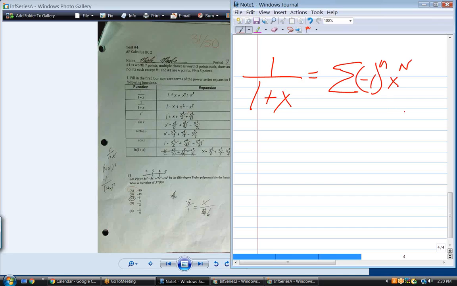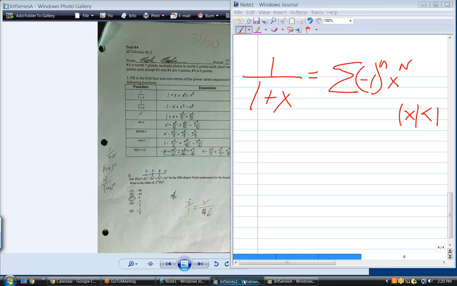As long as the absolute value of x is less than 1, then that's an alternating geometric series. And it is this series that we see on this page right here. Notice that this series expands to this. Well, what are we looking at?